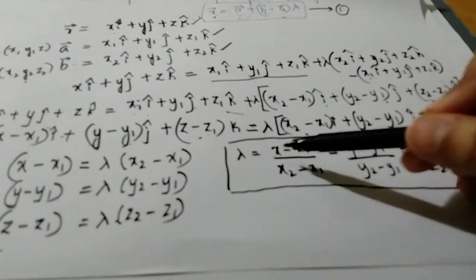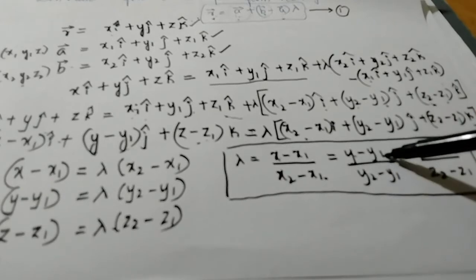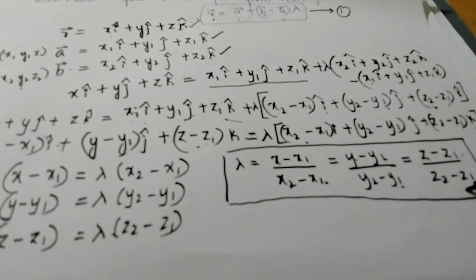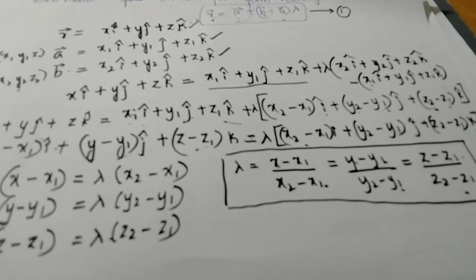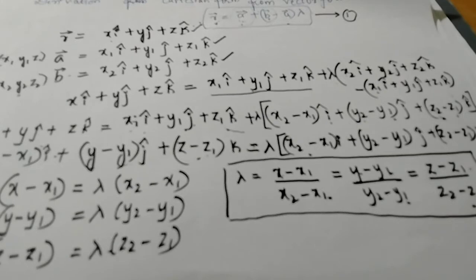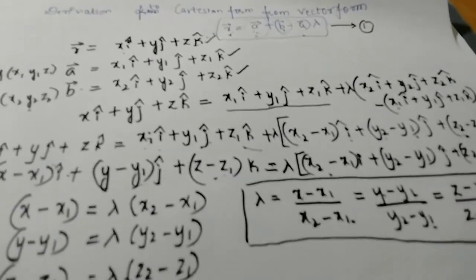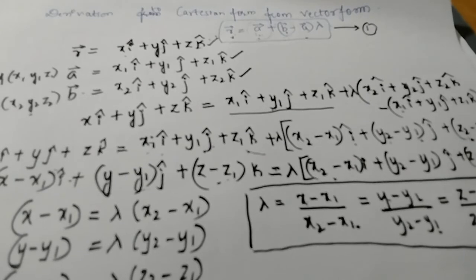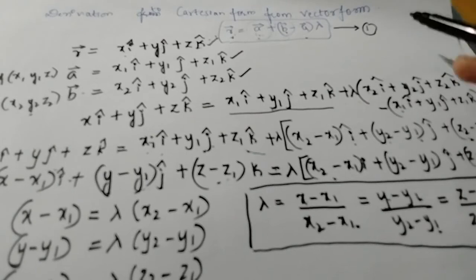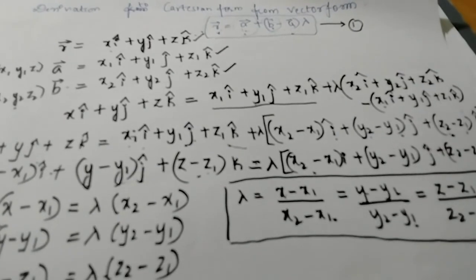So you can equate x minus x1 divided by x2 minus x1, y minus y1 divided by y2 minus y1, z minus z1 divided by z2 minus z1. So this is the standard equation of a line passing through two given points in which form? In Cartesian form. So if they ask to derive an equation of line passing through two given points in Cartesian form, you have to derive this equation.